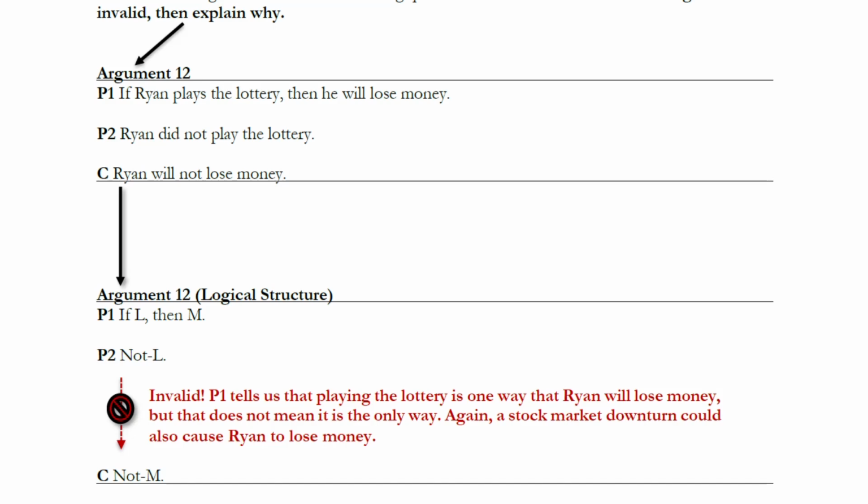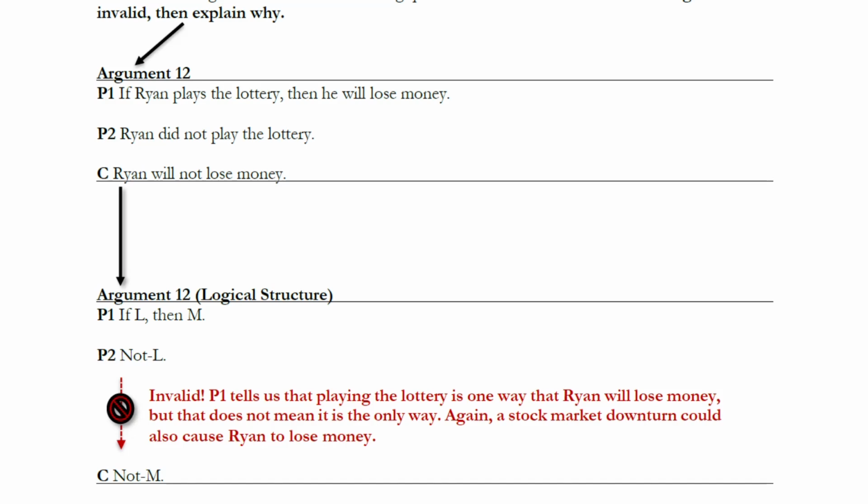P2 tells us that Ryan did not play the lottery, and from this it is inferred that Ryan did not lose money. But from what we just stated, this does not follow precisely because there are many other ways in which Ryan might lose money that have nothing to do with the lottery, even if playing the lottery is one guaranteed way of losing money.